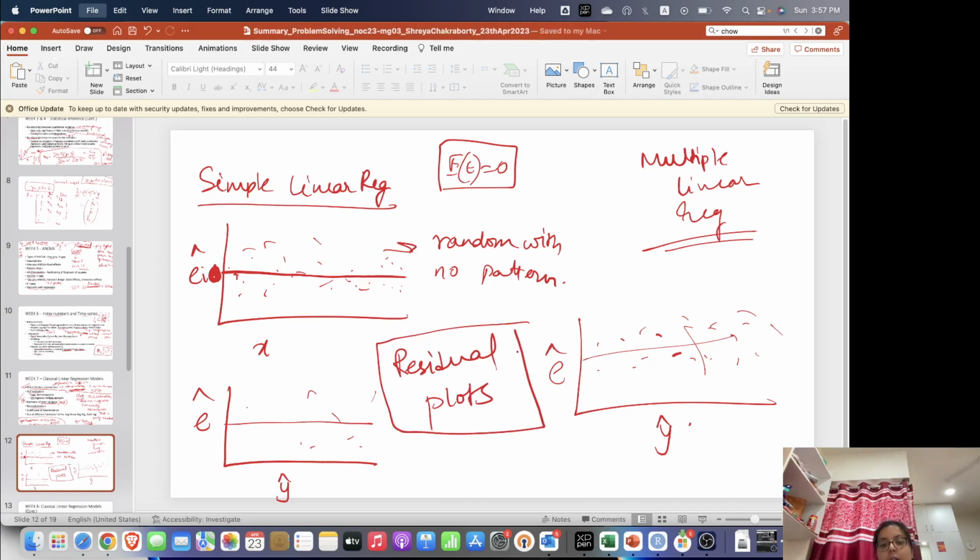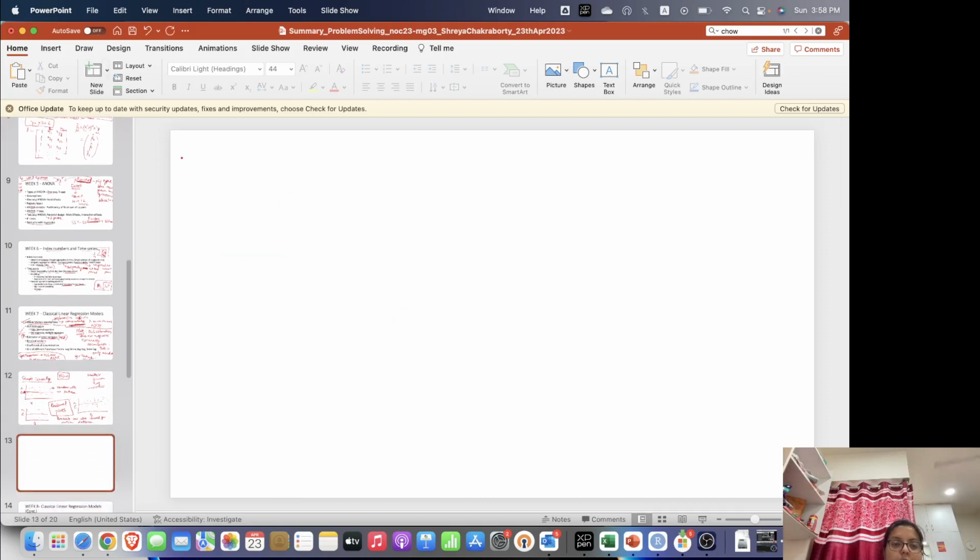Okay, and also if you remember, the residuals are also used for outlier detection. So we talked about this briefly. We talked about something called standardized residuals, if you remember.